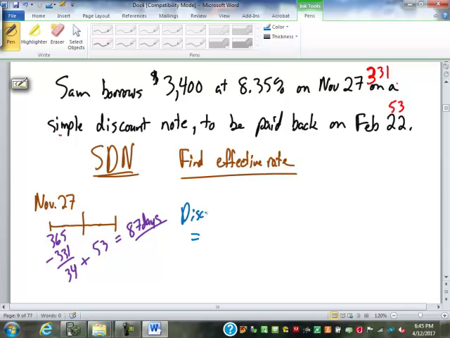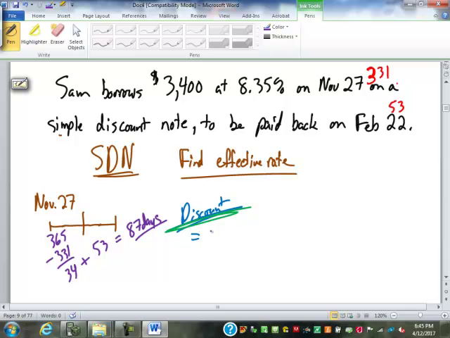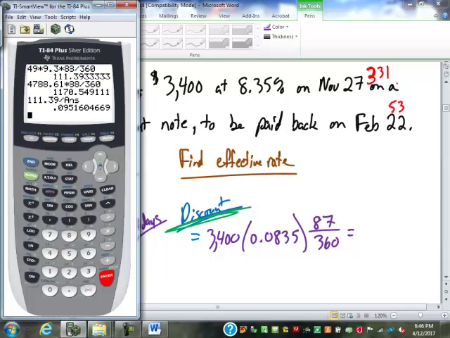So to find the discount, we have what? Tell me what to do. Perfect. Our face amount, 3,400, times our rate of 0.0835 from the 8.35%, times our days of 87 over 360.